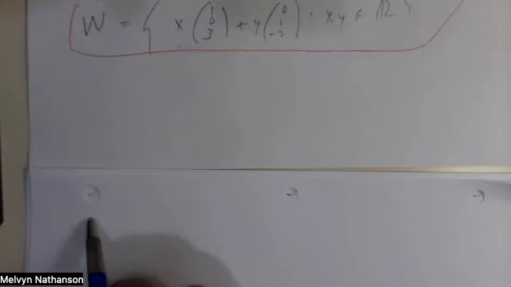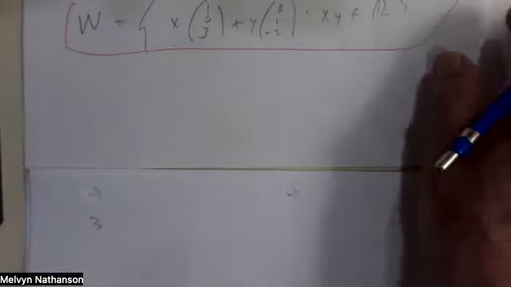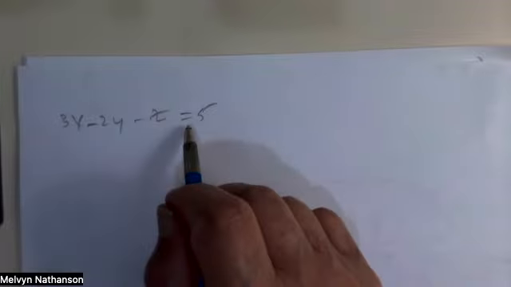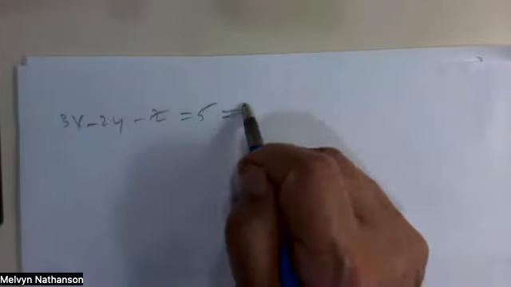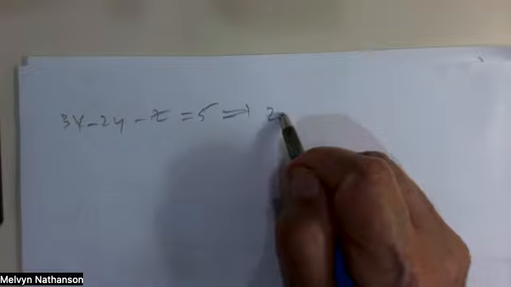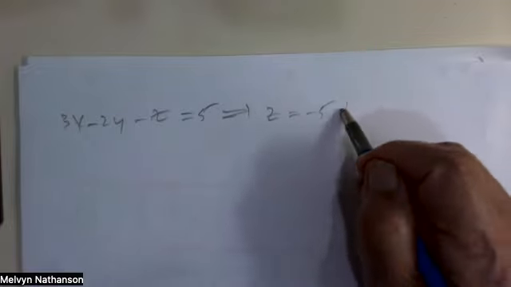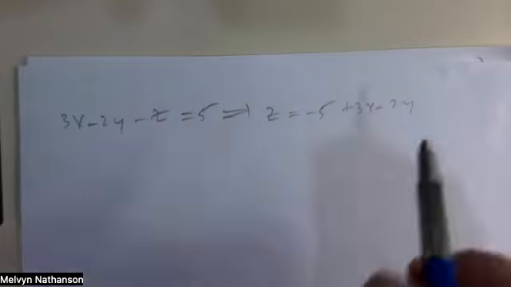The inhomogeneous equation: 3x minus 2y minus z equals 5. So if x, y, z solves this equation, if I solve for z, z is equal to minus 5 plus 3x minus 2y.